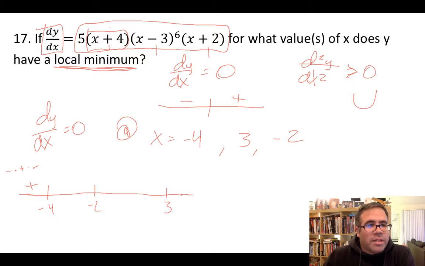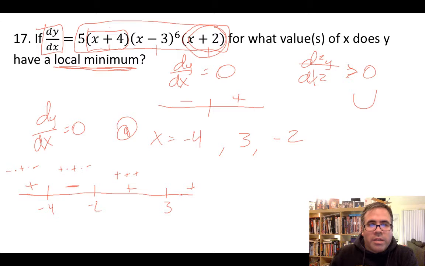So now, in this region, we have a positive factor times another positive factor times a negative factor. So this must have switched to negative. Crossing over the negative 2, that switches this factor. So that must be positive, positive, positive. That's positive, and this was always positive, so it stays positive.